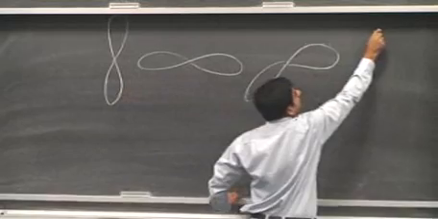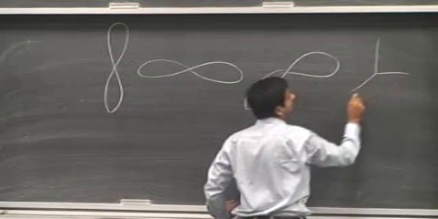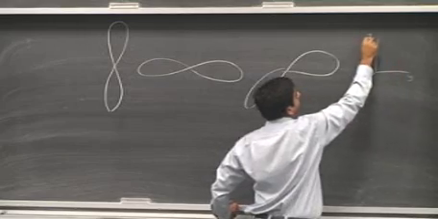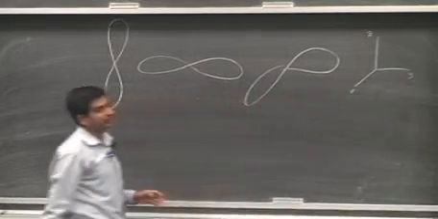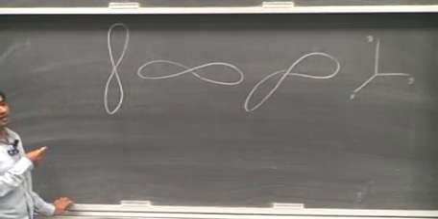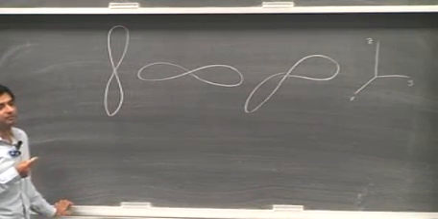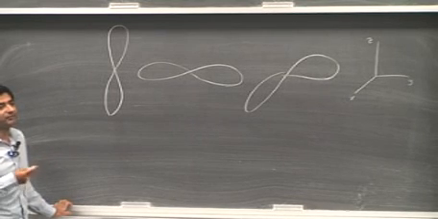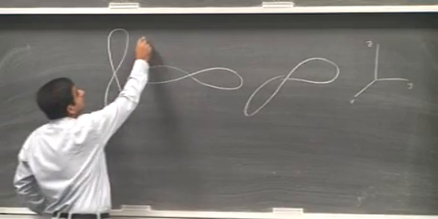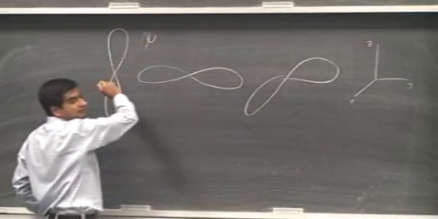If this is x, y, z, so these are our p orbitals. But what are these p orbitals really? These p orbitals are pictures of the probability density, the modulus squared of psi.